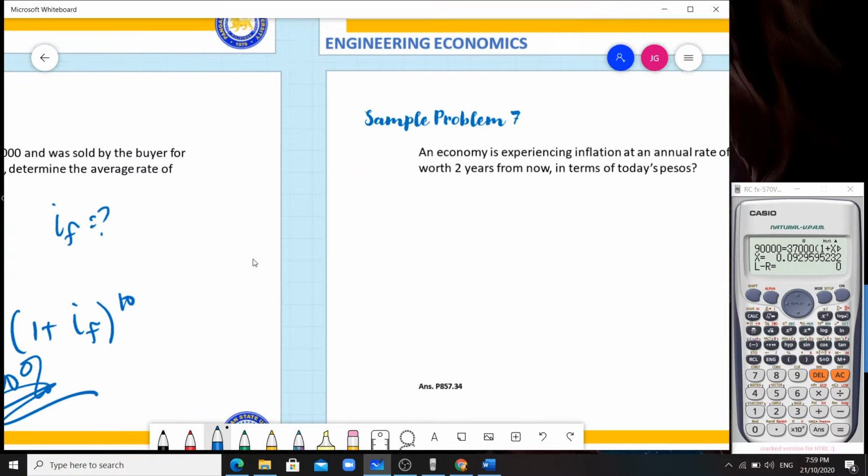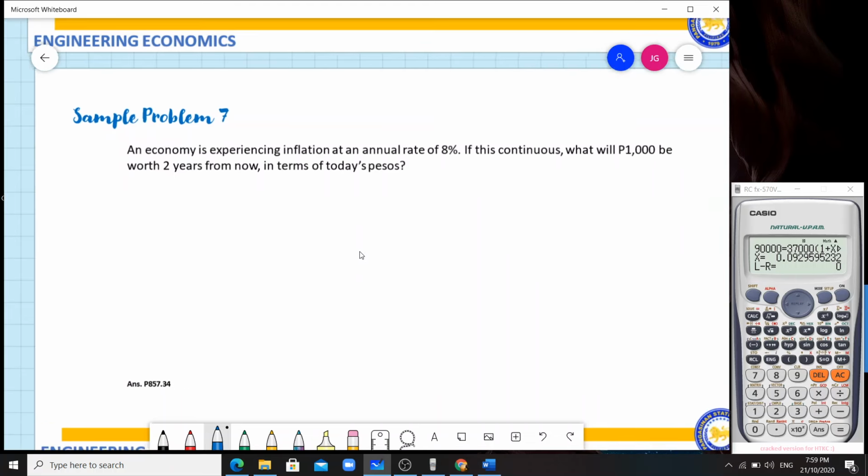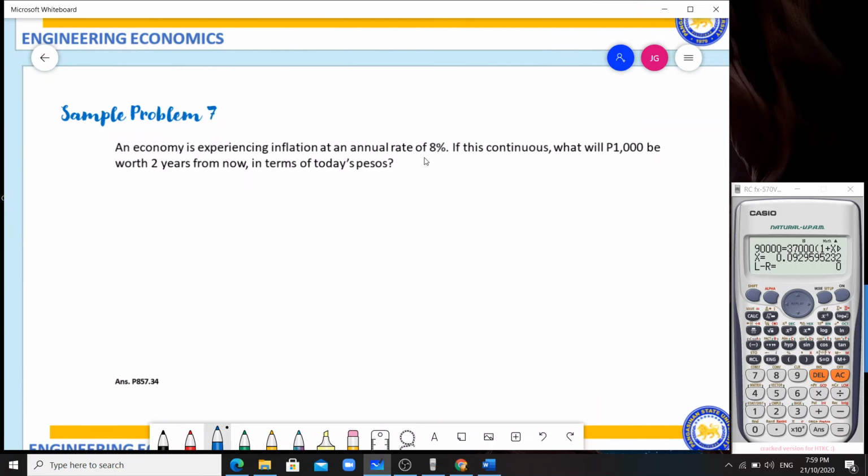Ang laki. Okay? Next, an economy is experiencing inflation at annual rate of 8%. If this continues, what will 1,000 be worth 10 years from now in terms of today's pesos? So, ito naman yung pangalawa nating formula, 'di ba? Yung purchasing power or the value of money habang tumatagal ay bumababa dahil nga sa inflation.